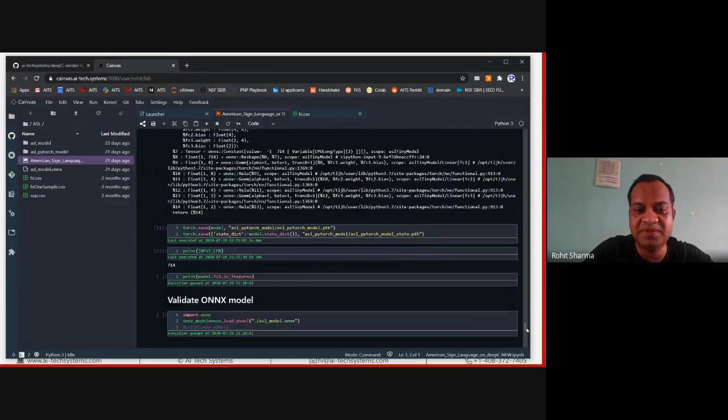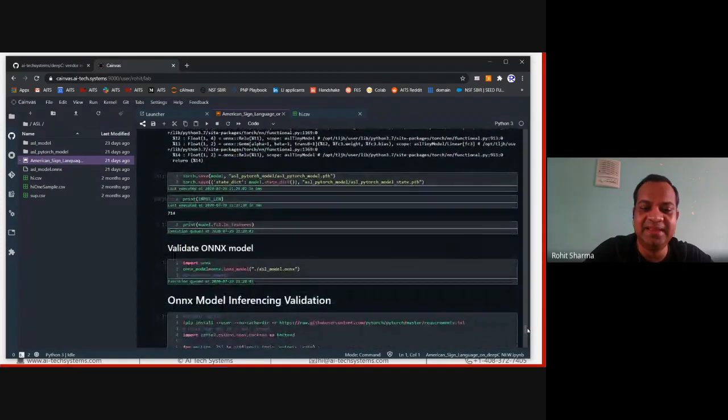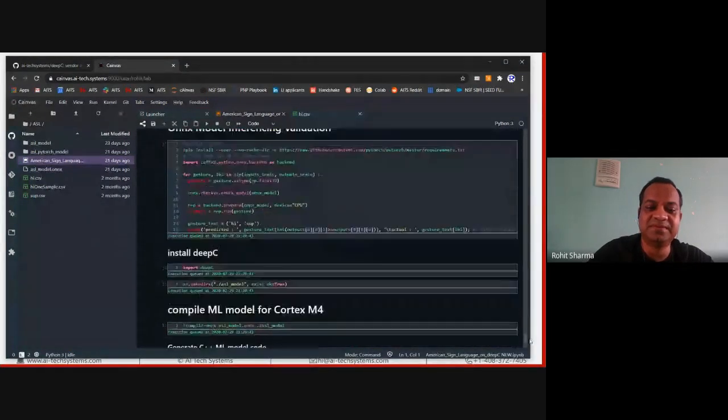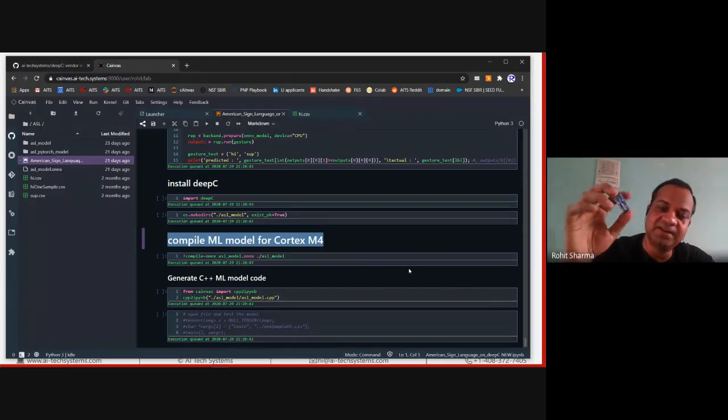So the first step is you save that model as an ONNX model. And then you install and compile the ML model for Cortex-M4. This particular Arduino board has a Cortex-M4 processor. And so we have a command called deepcc, which lets you compile.